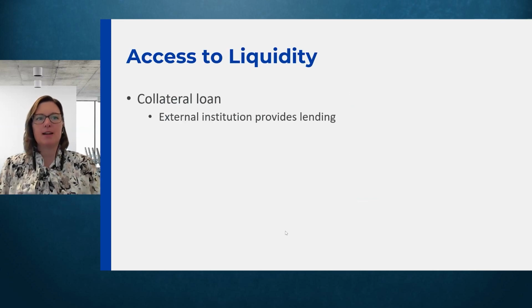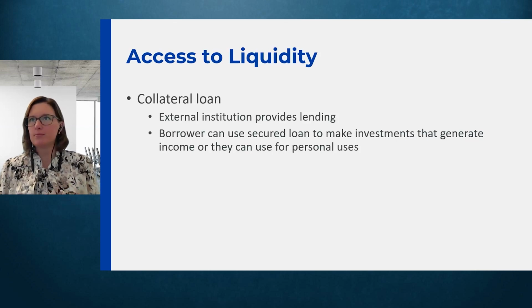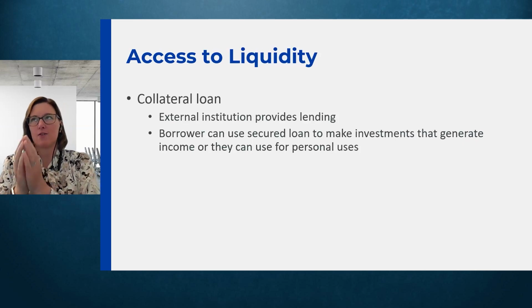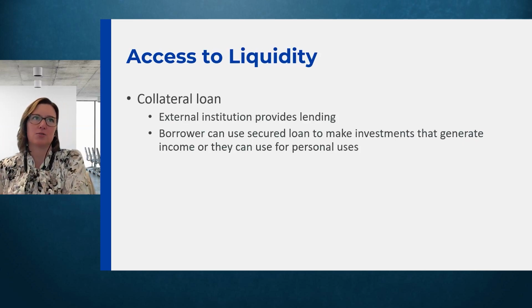Okay. Doing a collateral loan, as I mentioned, there are multiple institutions that will lend against our par policy, and we already have those relationships with them. The borrower can use the contract, their life insurance policy, to lend against, take that value, and then invest into another asset.